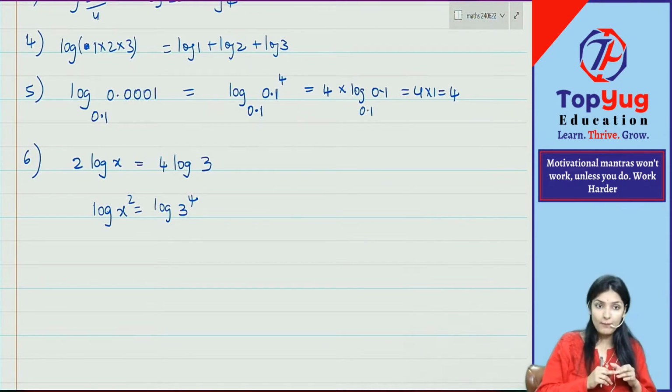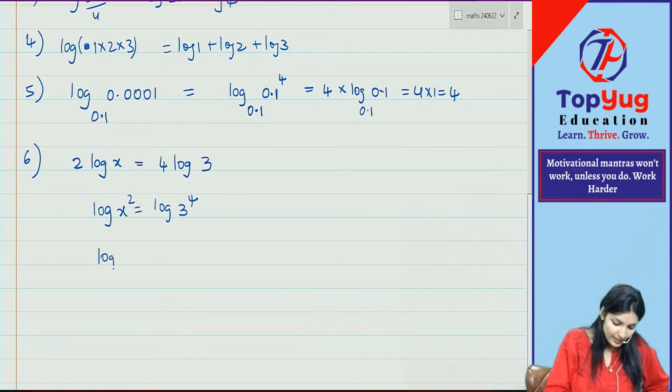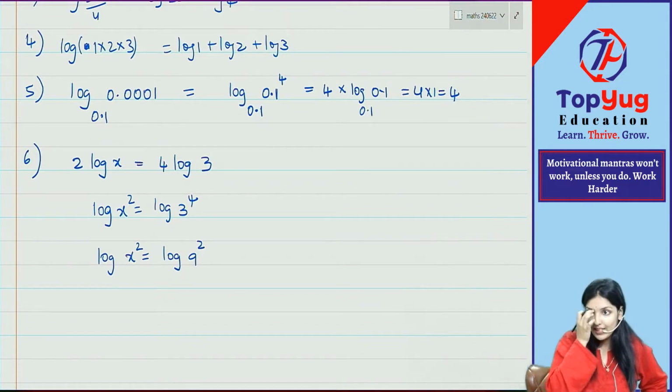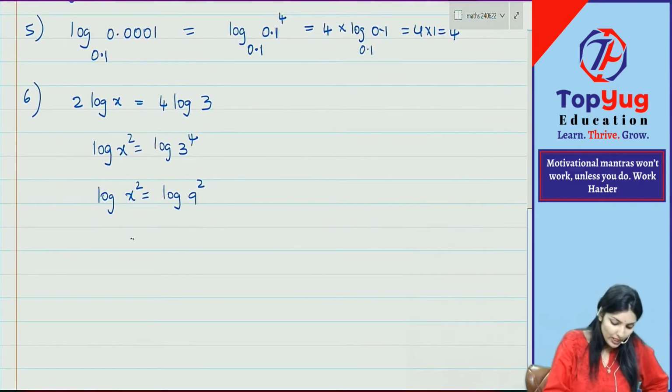Can I write this, 1 minute, x square is equal to 9 square? Can I write like that? 3 to the power 4 or 9 square, one and the same, no? Now can you put x as 9?